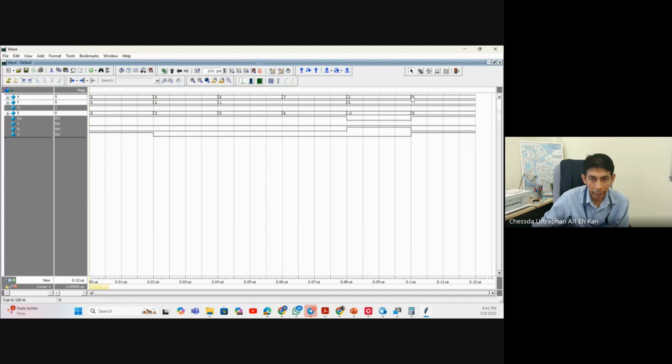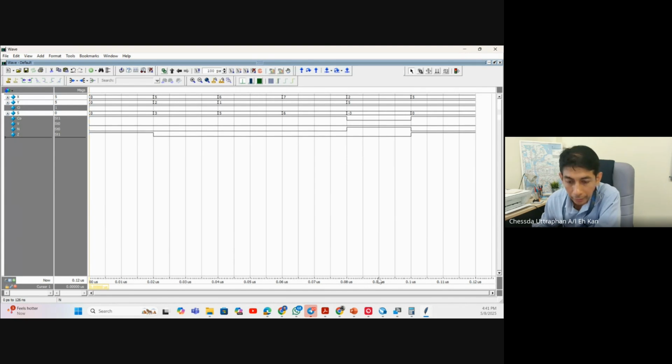And here is x equal to 5, y equal to 5 means that x equal to y. So you can see that when x equal to y, z equal to 1. This indicates that x is equal to y, right? So this is called a comparator.